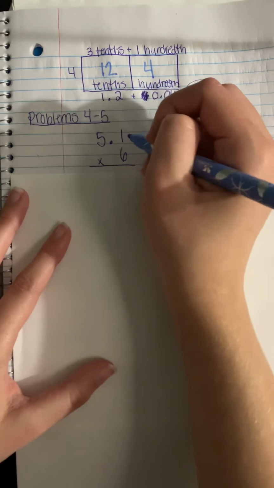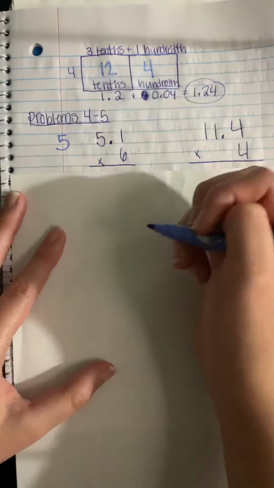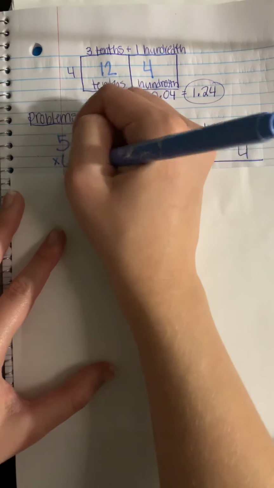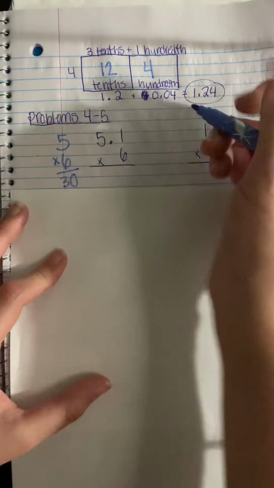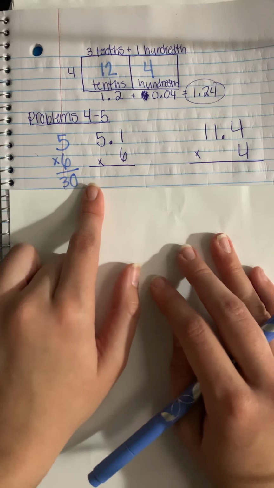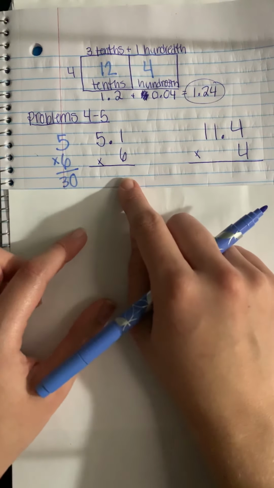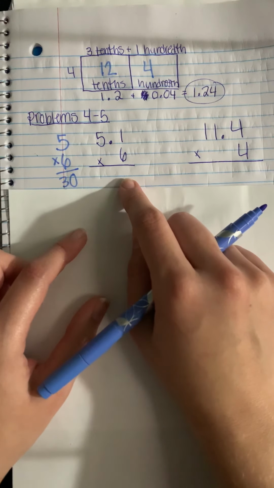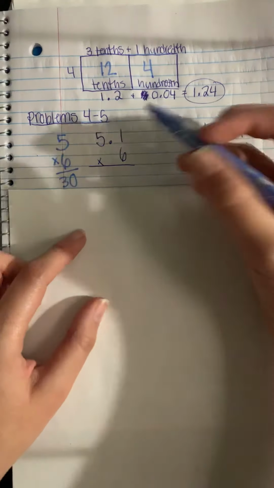You can say 5. And I know my math facts. I know 5 times 6 is close to 30. So my answer when I multiply needs to be 30-ish, or around 30. If I put my decimal in this and I have 300 something as my answer, I know that my decimal's in the wrong spot. So let's take a look.